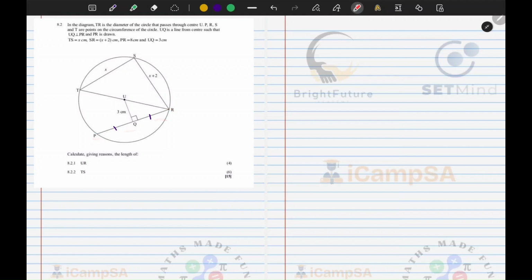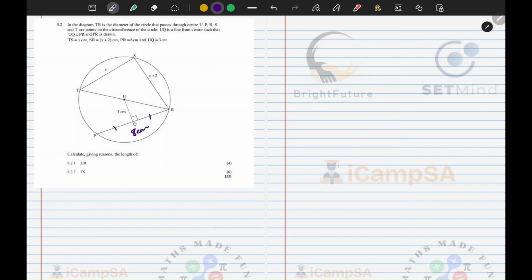PR is drawn. So we are being told that TS is equal to x units, which is already drawn there. And then we are told that SR is equal to x plus 2, and PR is equal to 8 centimeter. So this entire line is going to be equal to 8 centimeter.